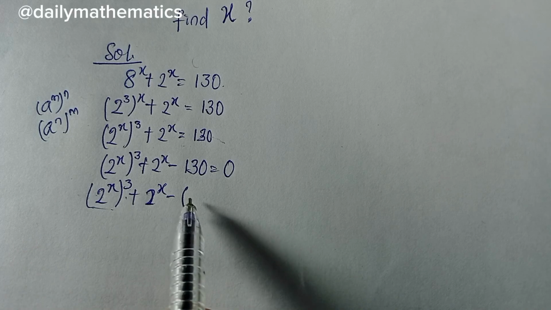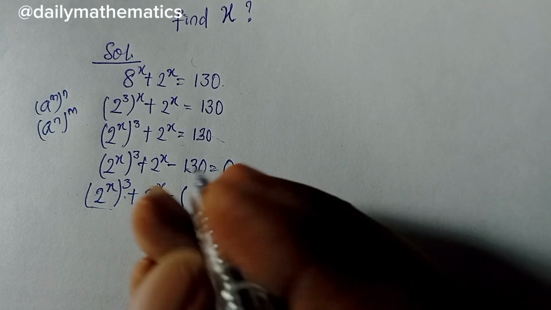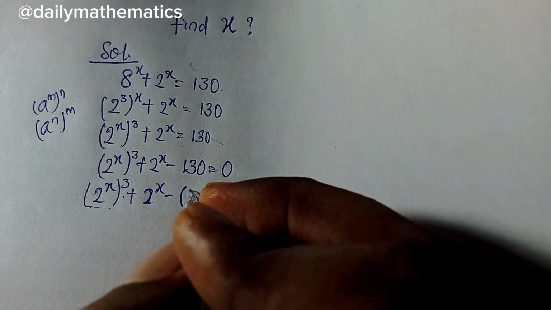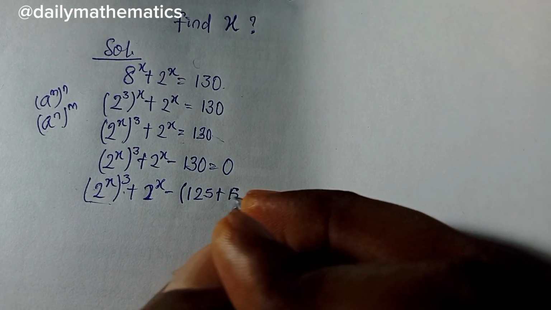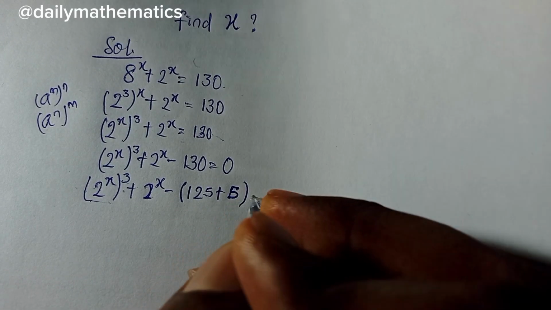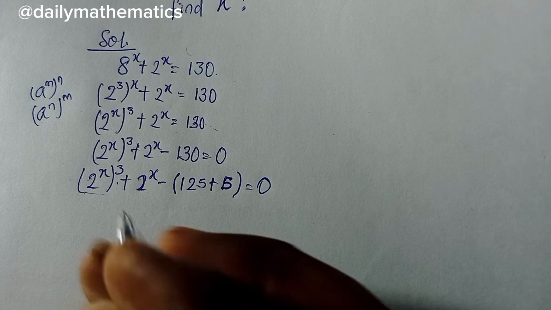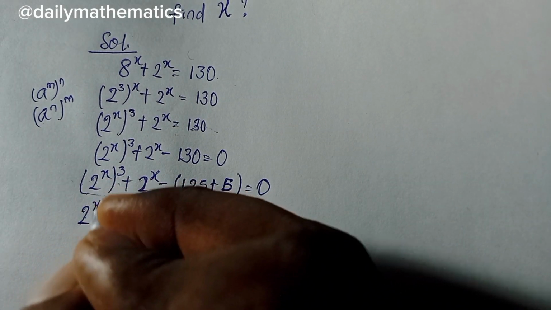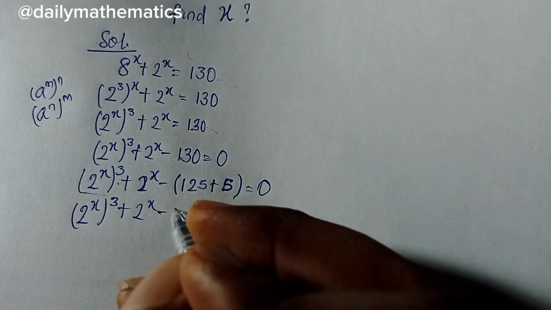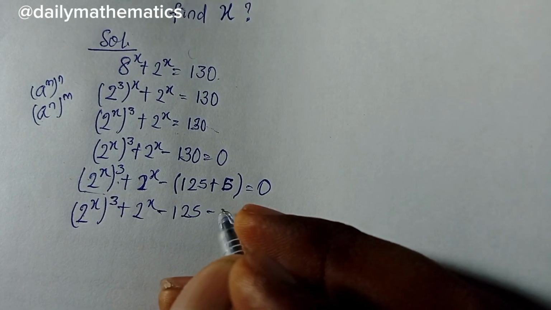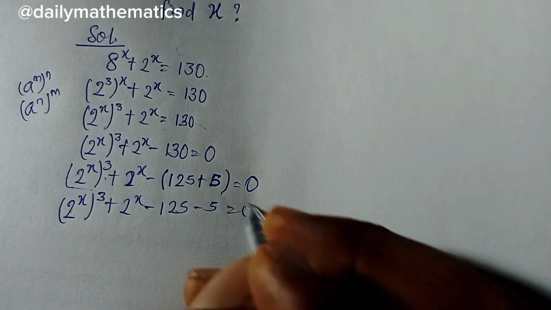That can be 125 plus 5. So when we say 125 plus 5 is equal to 130, from here we have 2 raised to the power of x, raised to the power of 3, plus 2 raised to the power of x, then minus 125, then minus 5, equals 0.